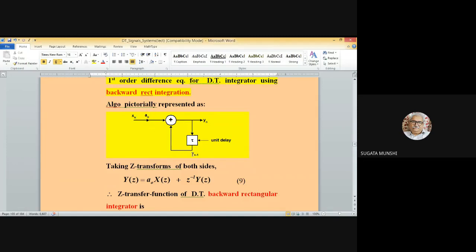What is the sample that will appear here? Because we are considering n equal to 0, this sample is y[n], this sample is y[minus 1]. Because we are considering a causal system, y[minus 1] will be 0. So y[0] will be simply a0 into x[0]. Consider n equal to 1. Here you have x[1].